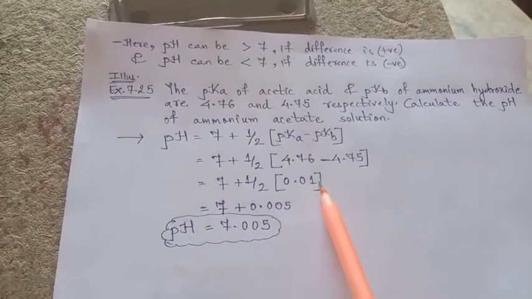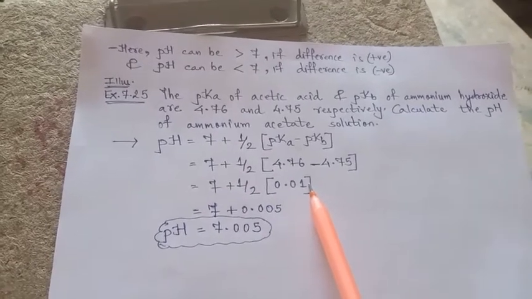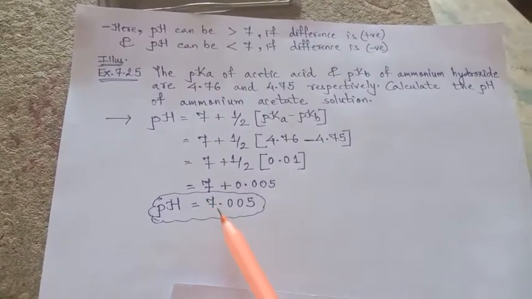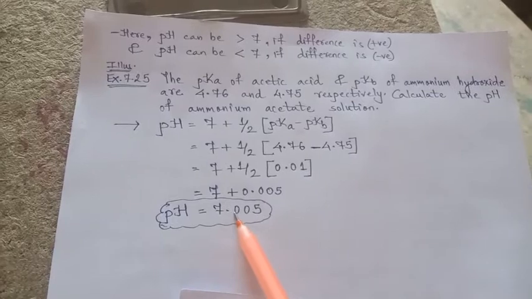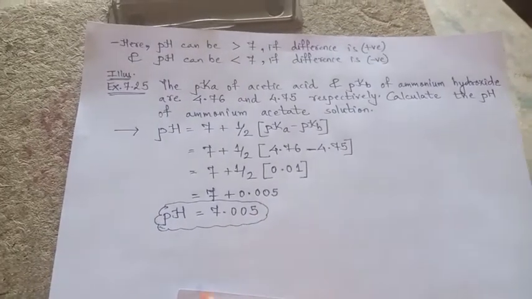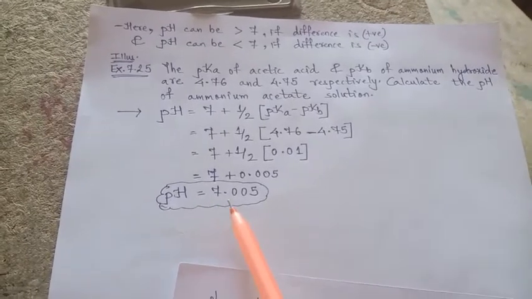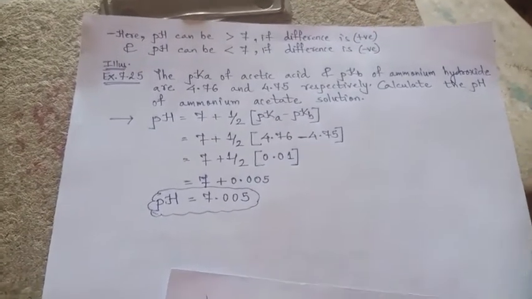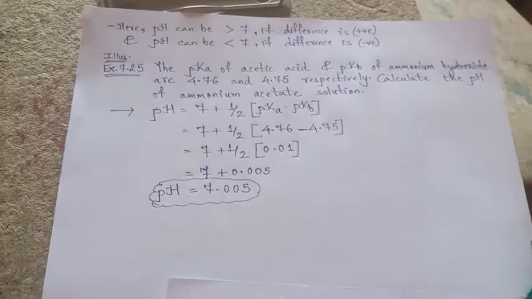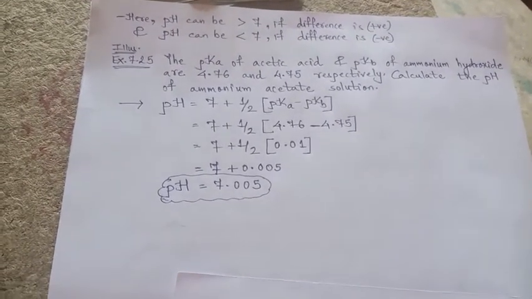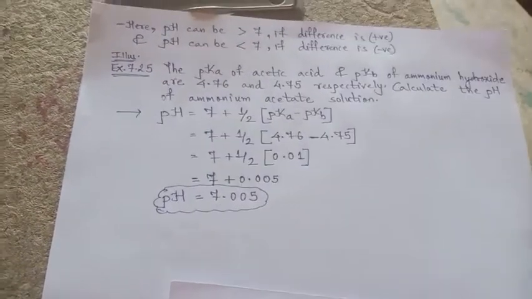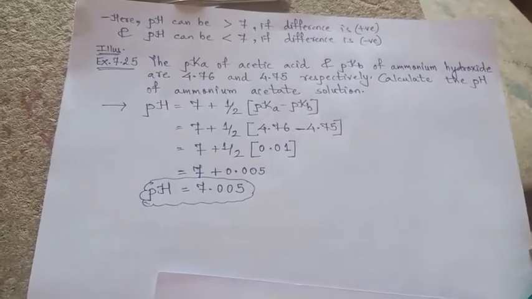The difference is positive, so pH will be greater than 7. It is 7.005, a very negligibly greater value. So this is how we are able to calculate the pH of the partially dissociating conjugate acid as well as conjugate base. Thank you.